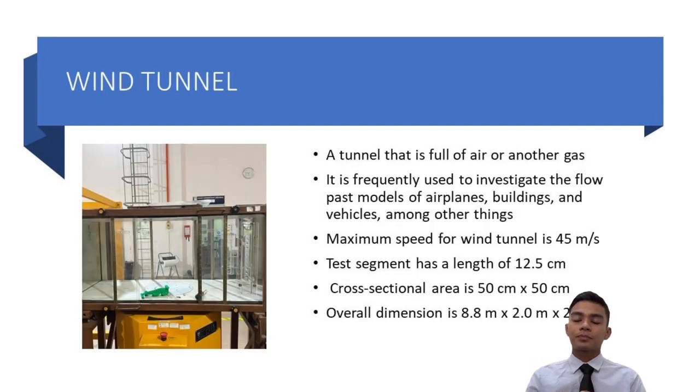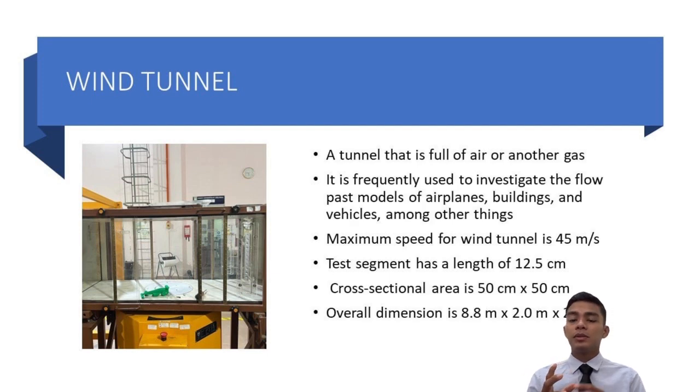Wind tunnel. First, we need to understand what a wind tunnel is. A wind tunnel is a tunnel that is full of air or another gas. It is frequently used to investigate the flow past models of airplanes, buildings, and vehicles, among other things.